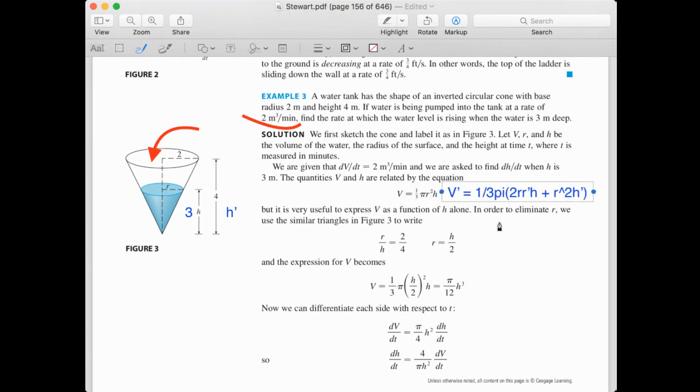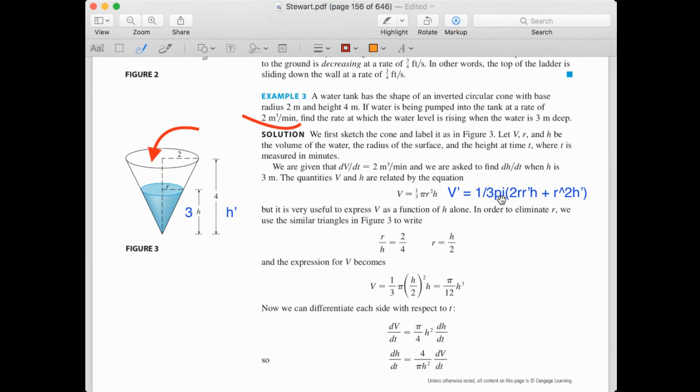So using implicit differentiation and related rates, we get this. We take the derivative with v, with r, with h, and we attach their rates of change, which are v prime, r prime, h prime. So the product rule gives us v prime equals 1/3 pi times 2r r prime h plus r squared h prime. So now we have 6 variables.